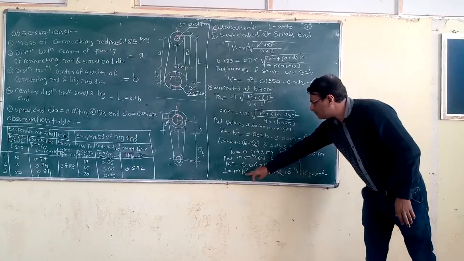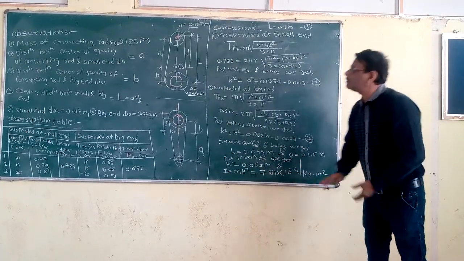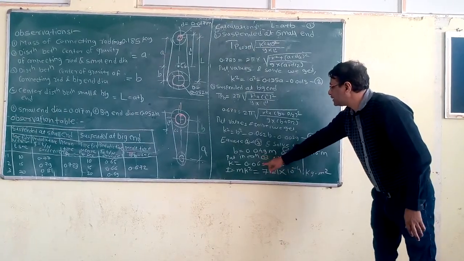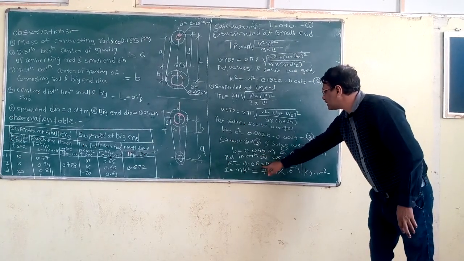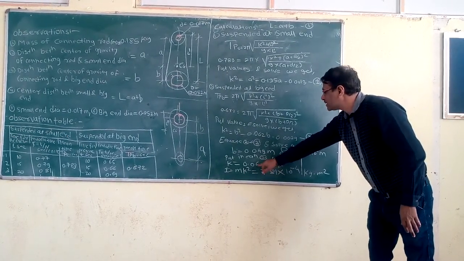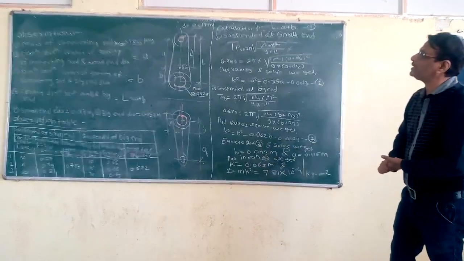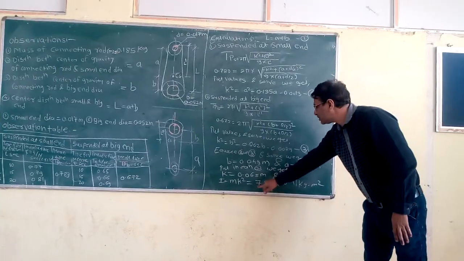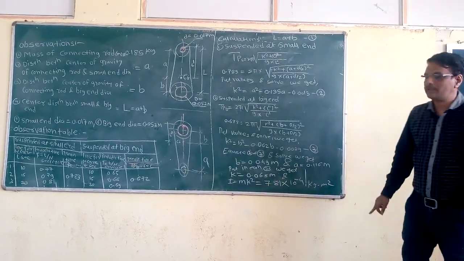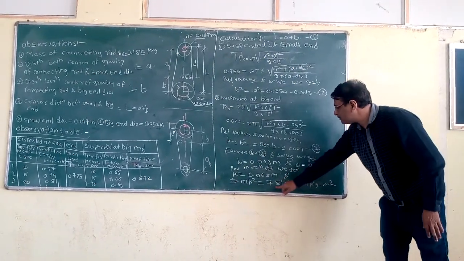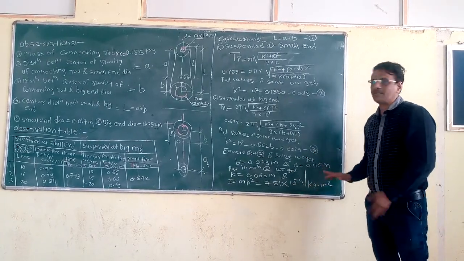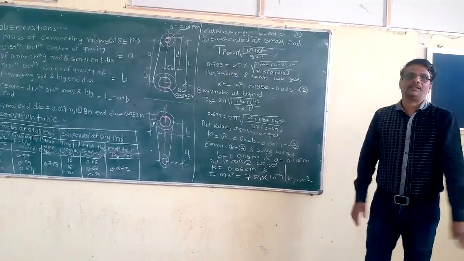So the mass moment of inertia is 0.185 into 0.065 square. The total mass moment of inertia is 7.81 into 10 raised to minus 4 kg meter square. Thank you very much.